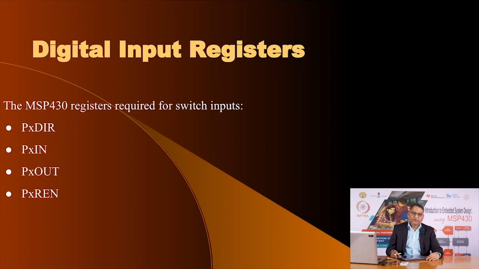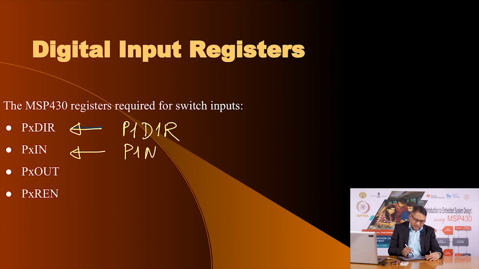For that we have 4 registers. First, PX DIR, which, if we are talking about port 1, becomes P1 DIR. We need to configure the appropriate bit of P1 DIR where we want to connect a switch as input. Then we need to read P1 IN, because this will give us information about the state of our switch, whether it is 1 or 0.